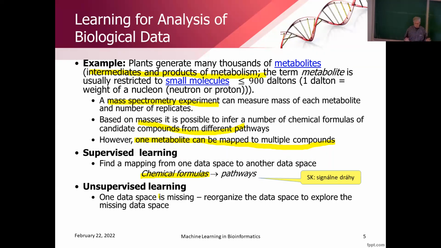But I will not go into further details. In case we have only one space, where here we have two spaces, chemical formulas and pathways, then we cannot work with functions, but we would like to find out some information about the space. And information can be, for example, to find a structure in the space.